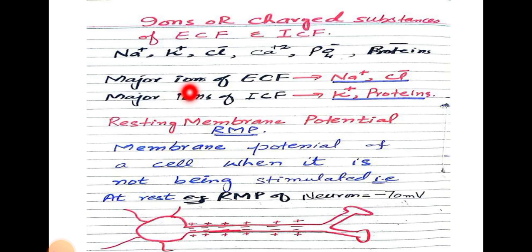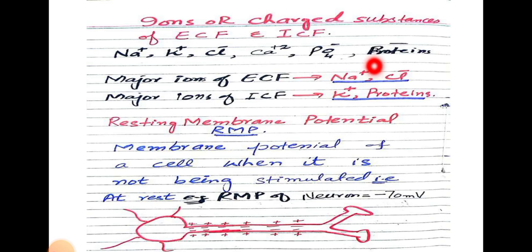The most common ions or charged substances in extracellular fluid are sodium and chloride. And similarly, inside the cell, in intracellular fluid, potassium and proteins are the major charged substances.